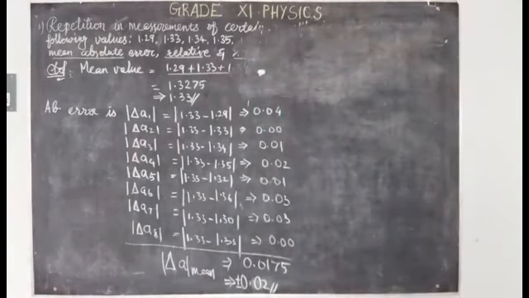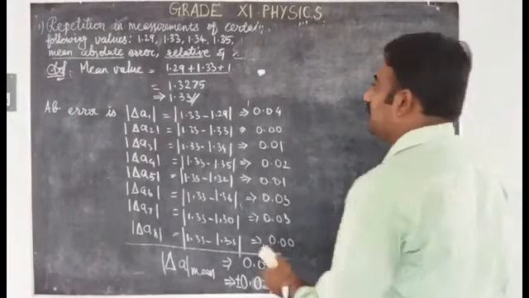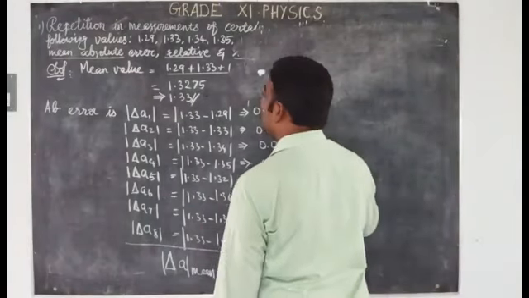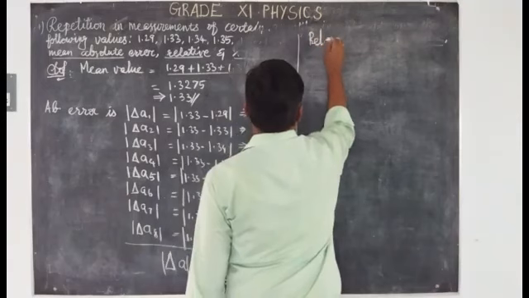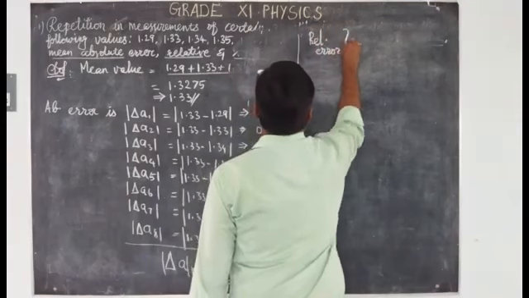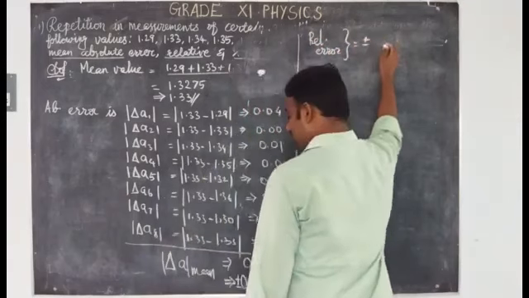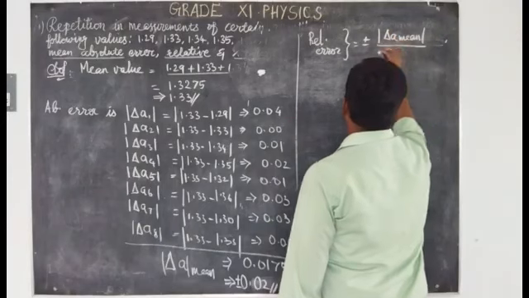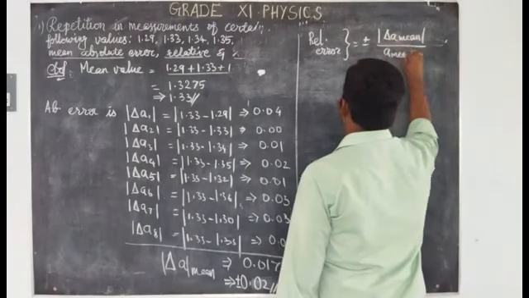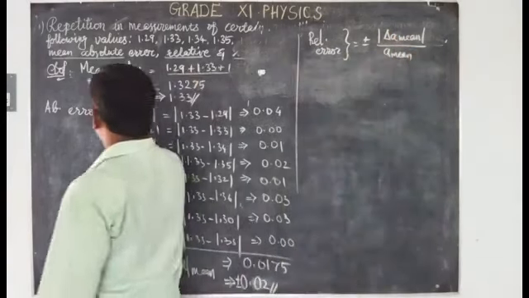To calculate the relative error, it is the ratio between the mean absolute error, that is delta A mean, and the arithmetic mean. What is the arithmetic mean? This mean value is also called the arithmetic mean.